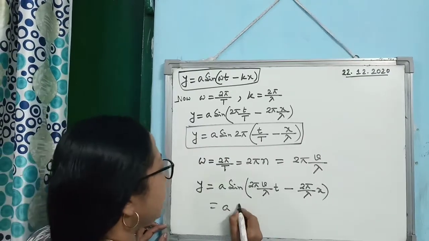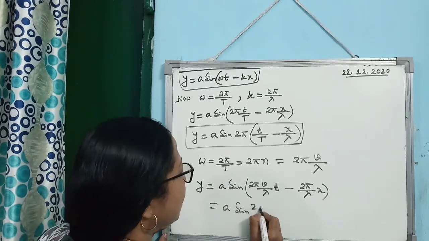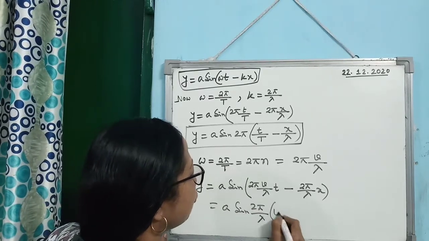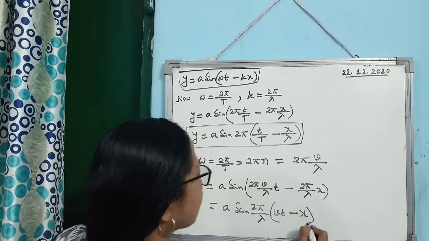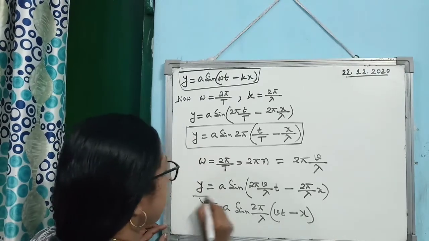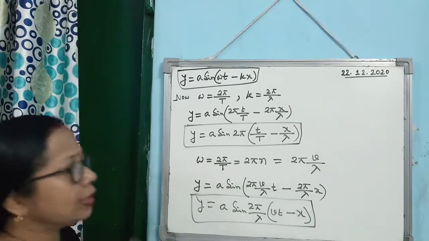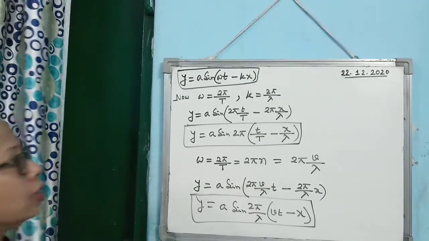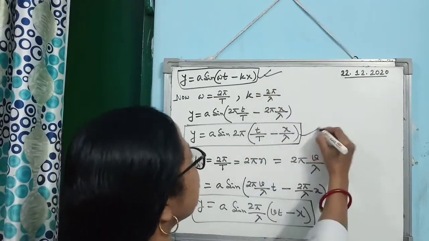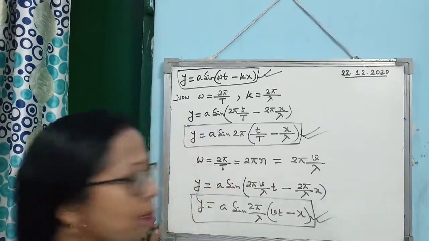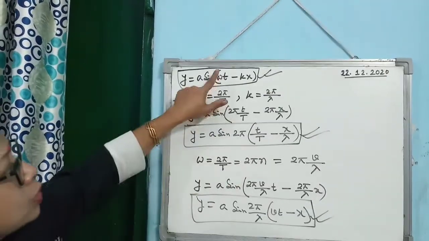So you can write it as 2 pi by lambda common, vt minus x. So this is another way to write the equation of the progressive wave. All these three forms you are supposed to remember. Most of the cases we use this.